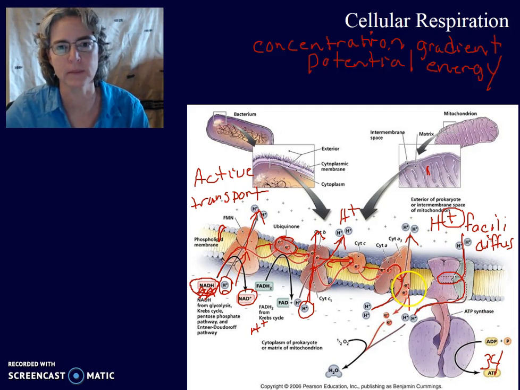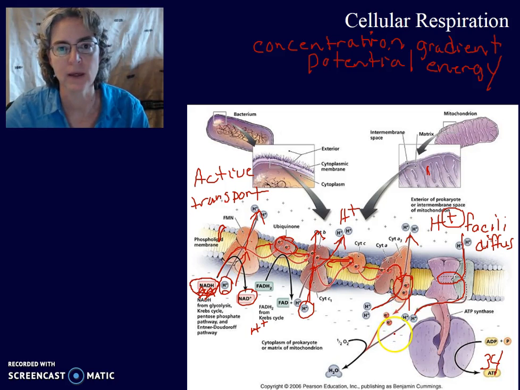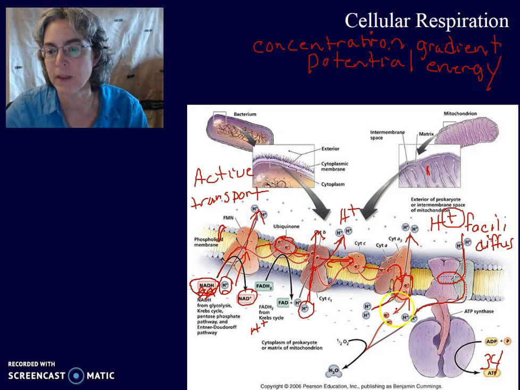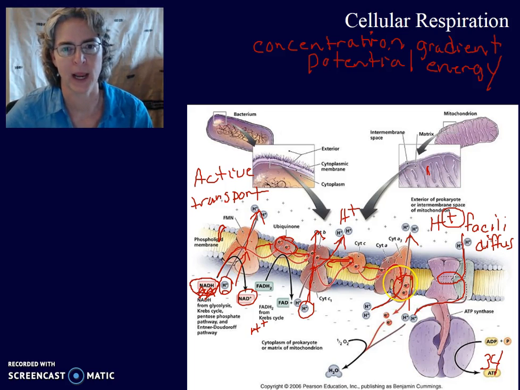But there's a problem. These electrons are kind of stuck in here. Where do they go? Where are they supposed to go? Well, there needs to be something to pick them up at this end. If there isn't anything here to pick up those electrons, it becomes like a bucket brigade that gets stopped.